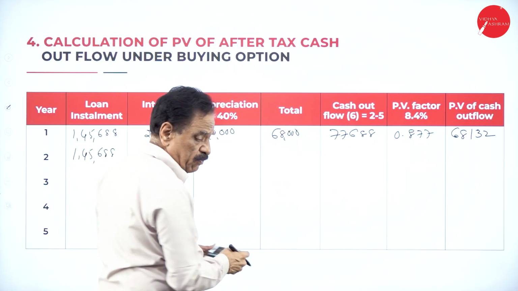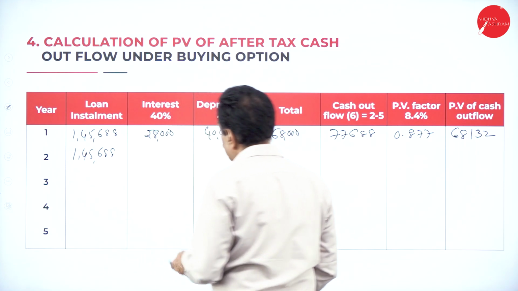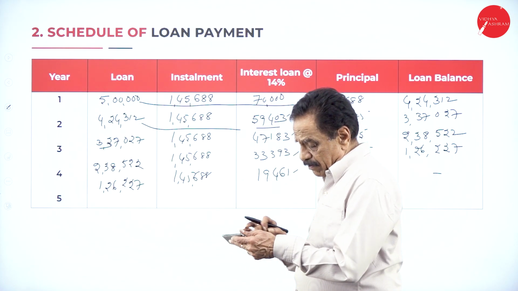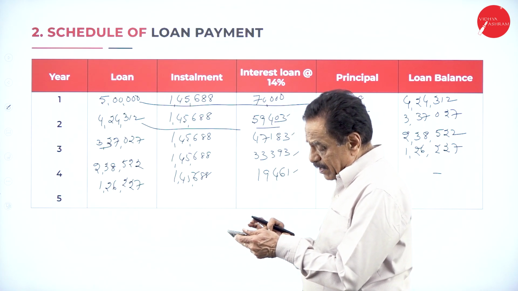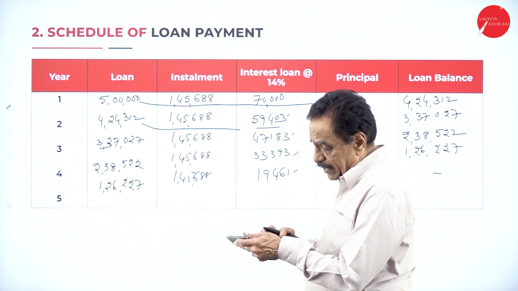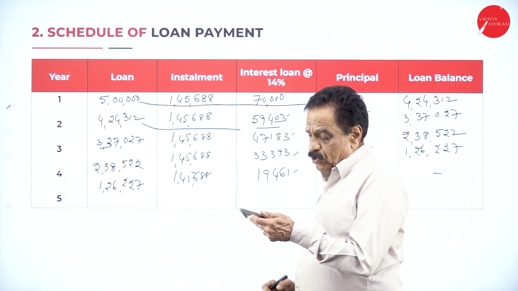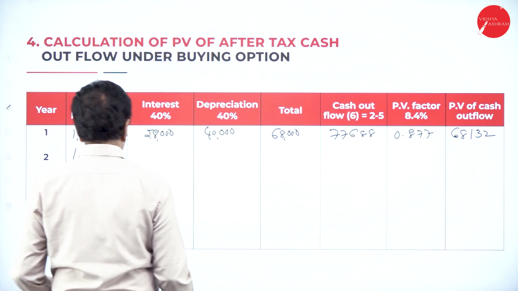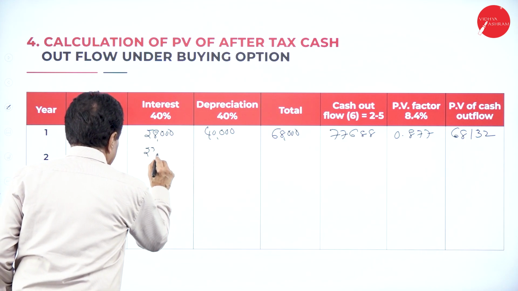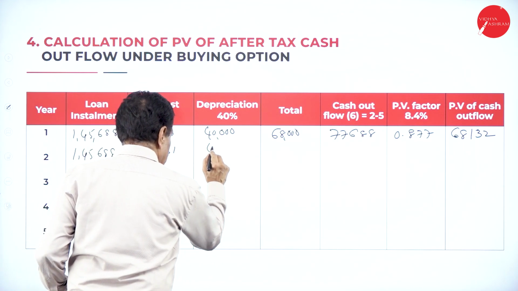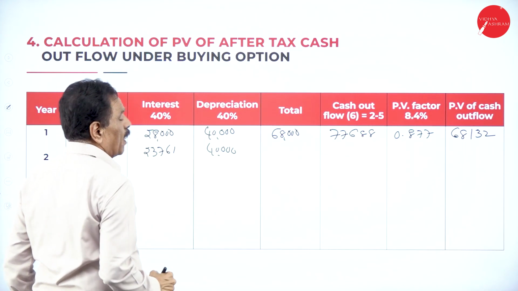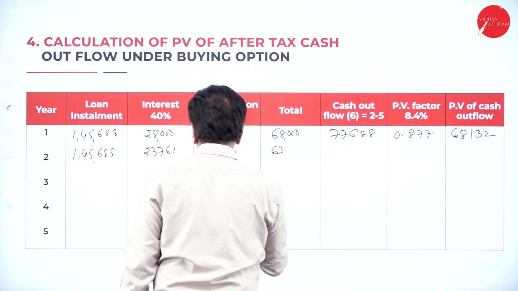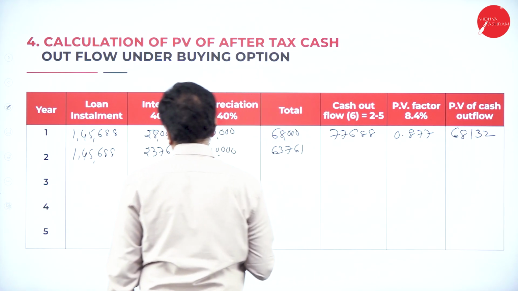Second year, 1,45,688. So 40% of the second year interest, 59,403: 59,403 into 40 divided by 100 is 23,761. On 1 lakh depreciation, 40% is 40,000. So 63,761 total saved.